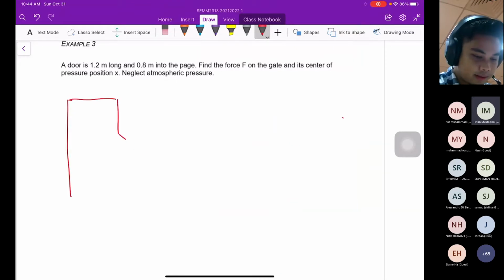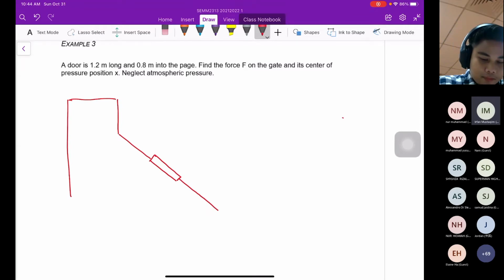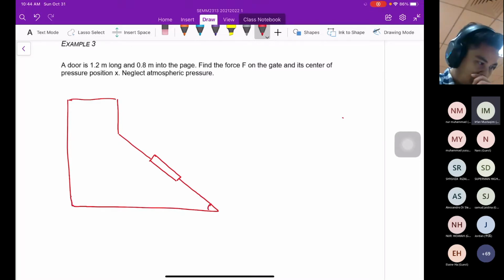And then we have the plate, the door. This is the angle.